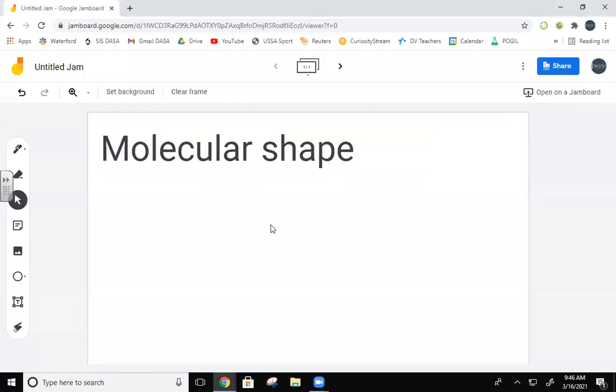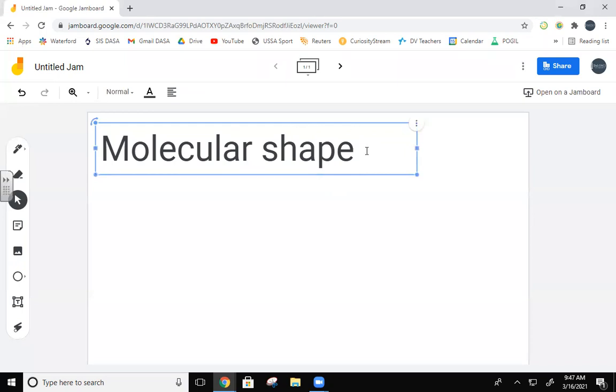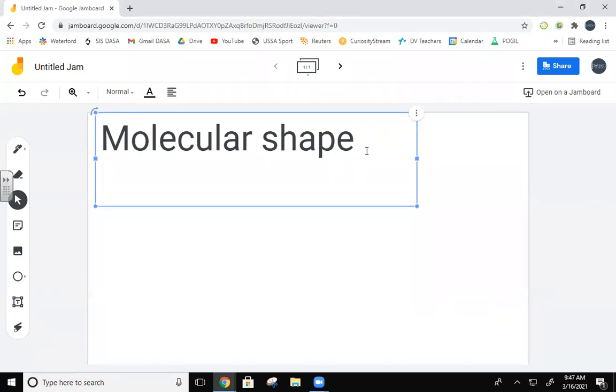So when we talk about molecular shape, molecules obviously occupy space, right? They are a thing. Well, when molecules form, depending on what electrons they have and what electron suborbitals are filled, they make certain shapes.